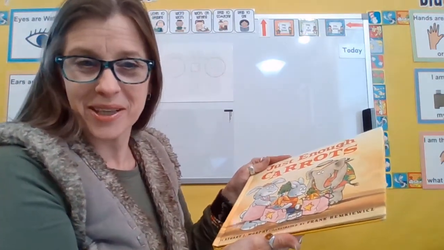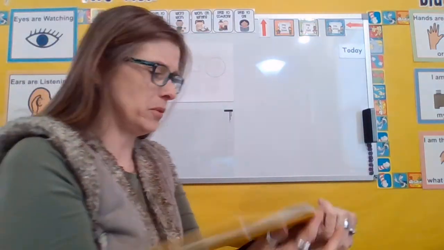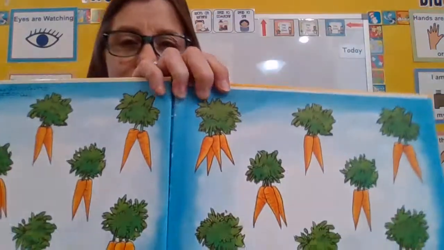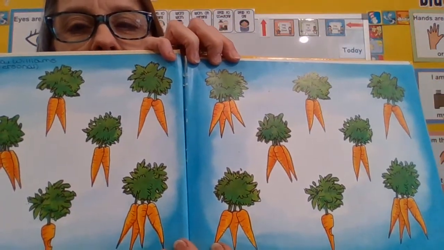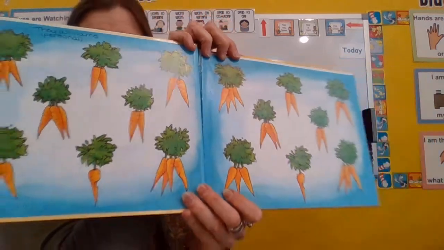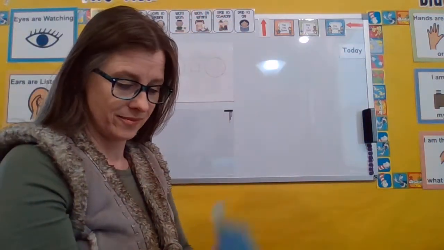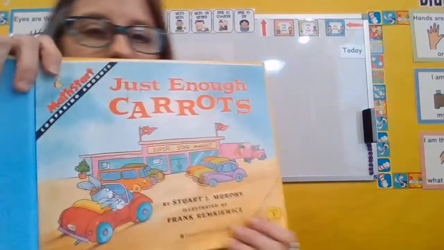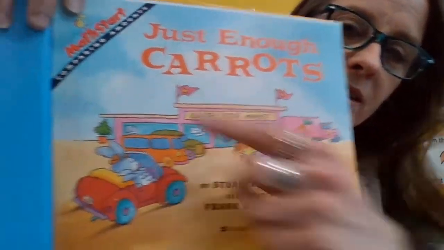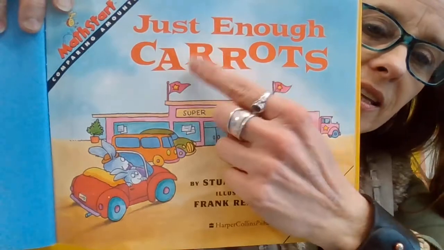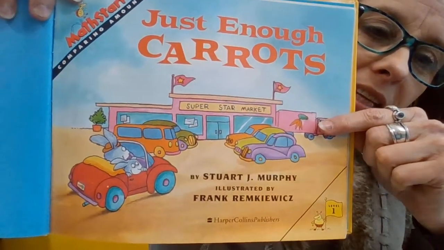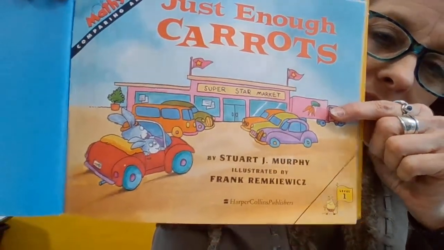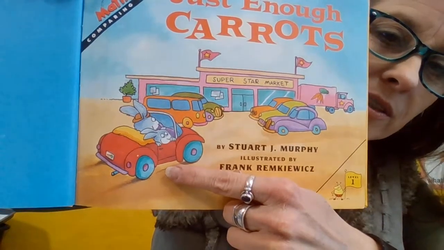Well, how do we get our story started? We need to open our book. Let's get going. Ooh, look at that. I see a bunch of carrots. Ooh, wait a minute. Let's look at this picture. This picture says, just enough carrots. And look what I see. I see a store. And then I see Mama and Bunny going to the store.